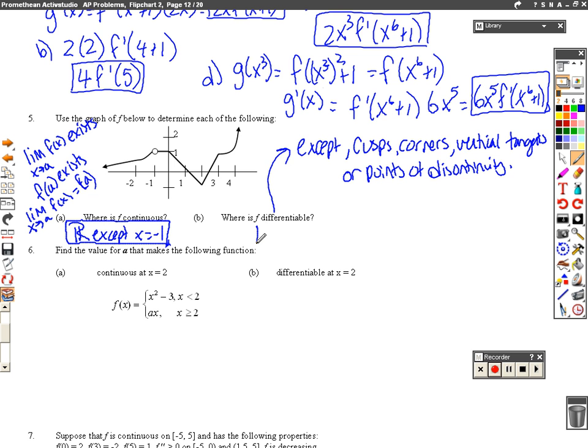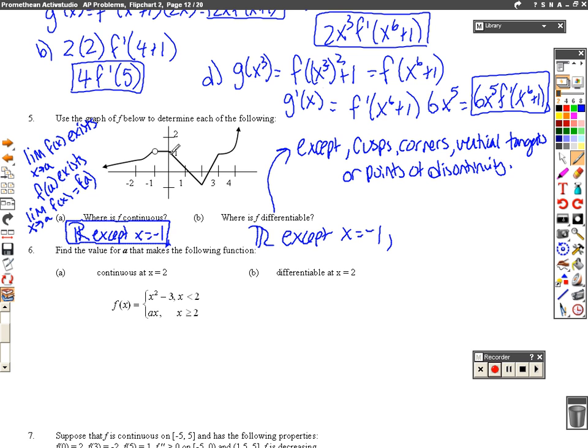So here, let's start out with everything and eliminate what we need to. We already said that it's not continuous at -1, so because of points of discontinuity, it can't be differentiable at -1. And everywhere else, we're looking for these other three things, the cusps, the corners, the vertical tangents.